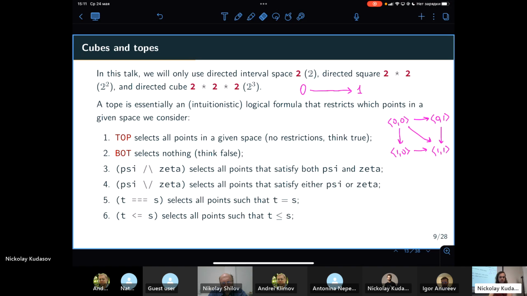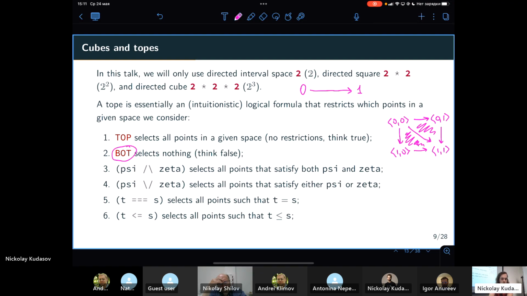Great. So then in the code, we have the internals of this, and we have the internals of this, right? Interestingly, what we can do then is select subshapes from those spaces. For example, top would mean that we select all points in a given space. So in 2-dimensional space, we select everything.